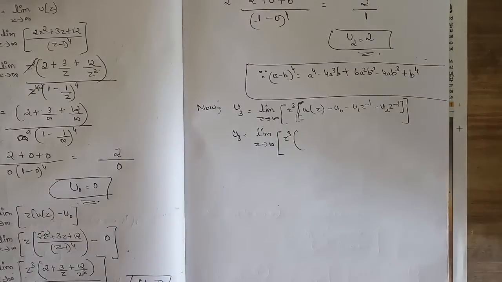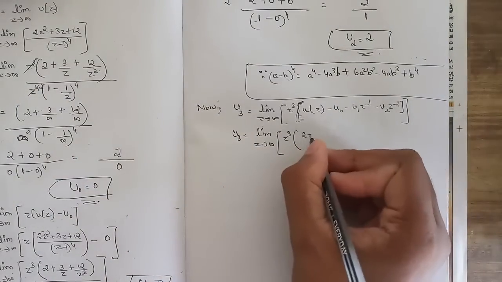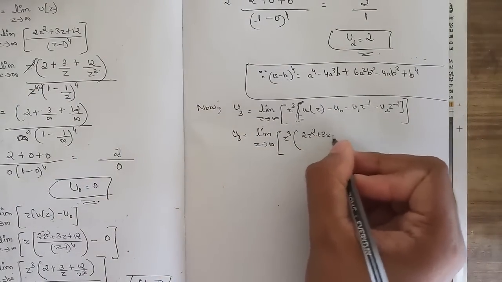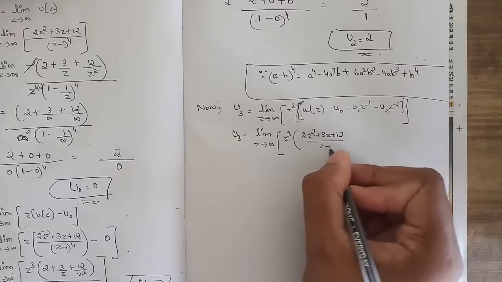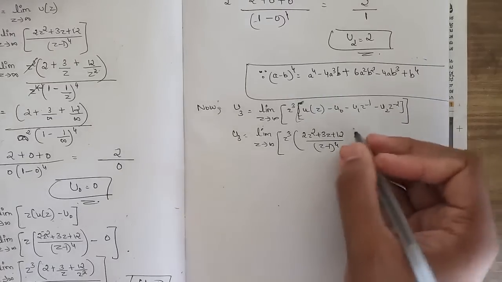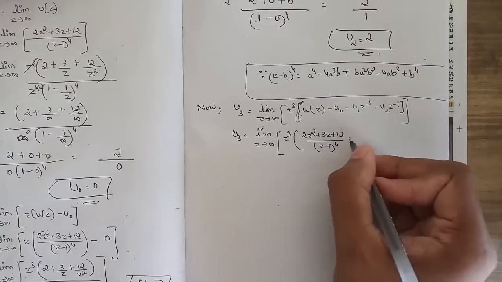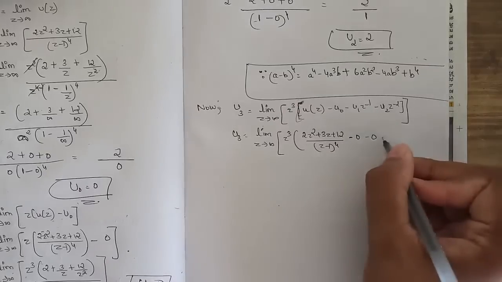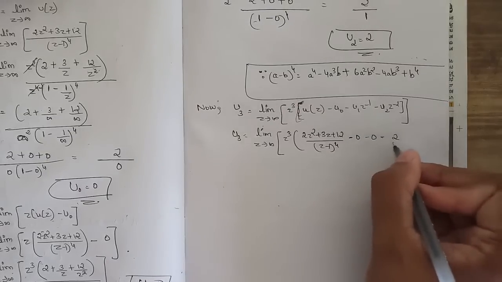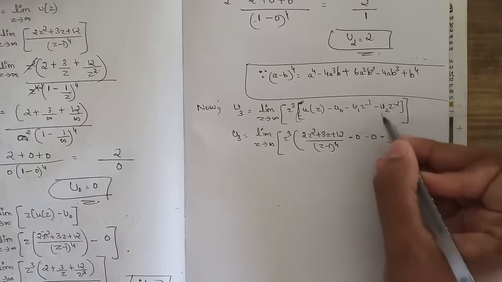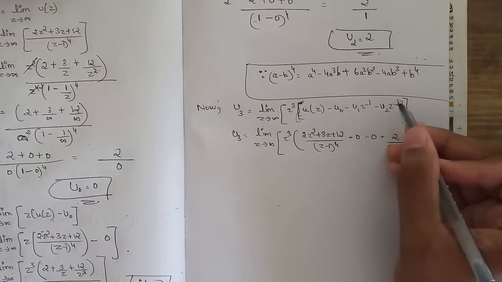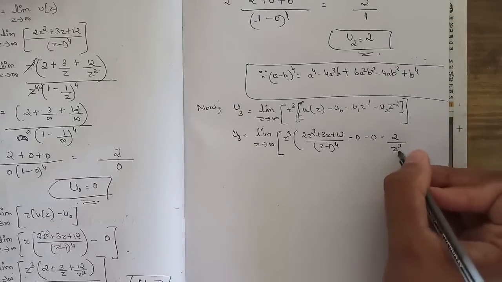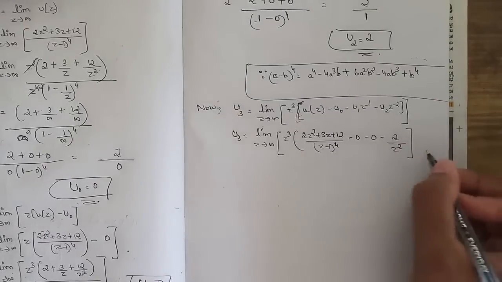Z cube remains outside. U of z is 2z square plus 3z plus 12 divided by z minus 1 whole to the power 4 minus 0 minus 0 minus 2 by, u2 is 2, right, and z to the power minus 2, let's bring it to the denominator, so it becomes 2 by z square.